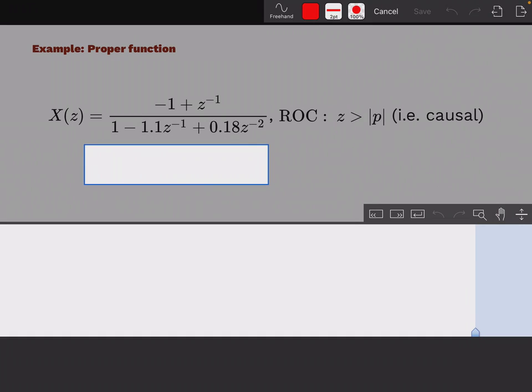Okay, so let's try to work with this expression. What do we do first? We multiply both the numerator and the denominator by z squared, right?